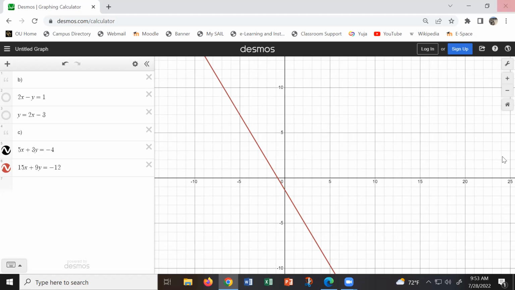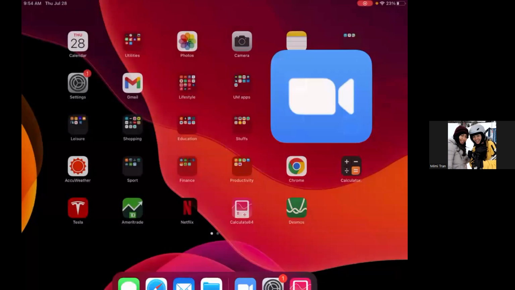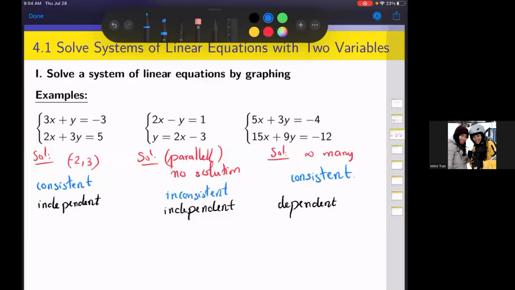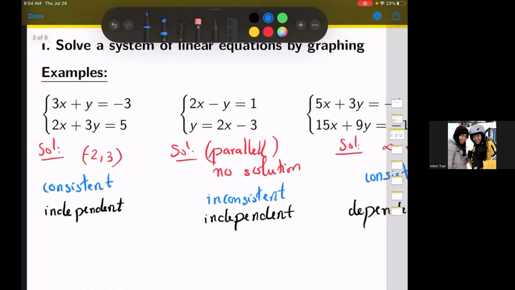All right, so let me show you something. What happens if there is one solution, no solution, or infinitely many solutions? What do they look like from an algebraic perspective? Okay, the first one is one solution.